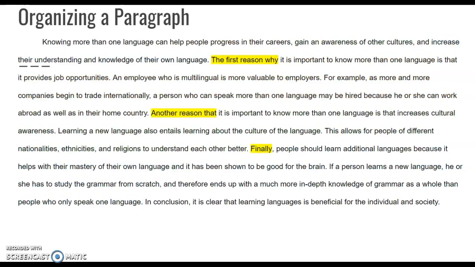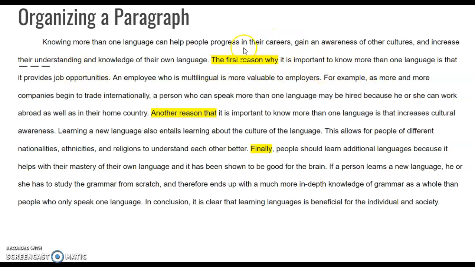Another part of a paragraph that we need to consider when we're organizing the paragraph is transitional words or phrases. So in this paragraph, the writer uses the phrase, "the first reason why it's important to know more than one language is that it provides job opportunities."